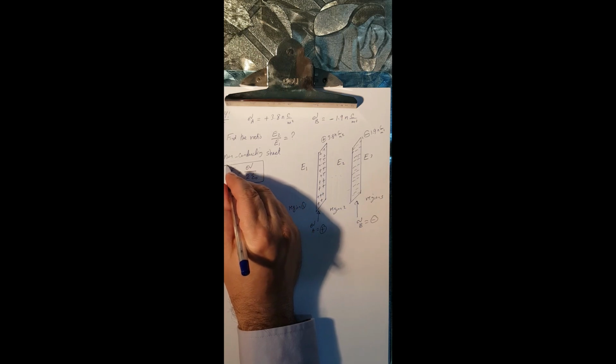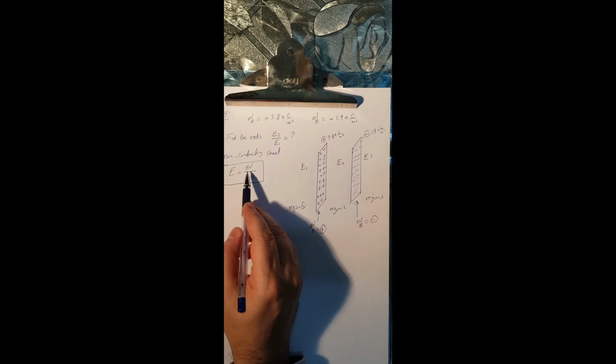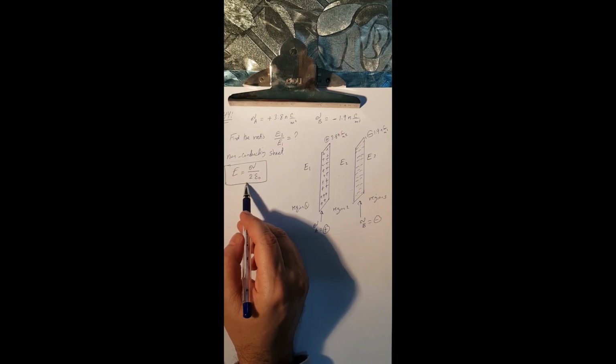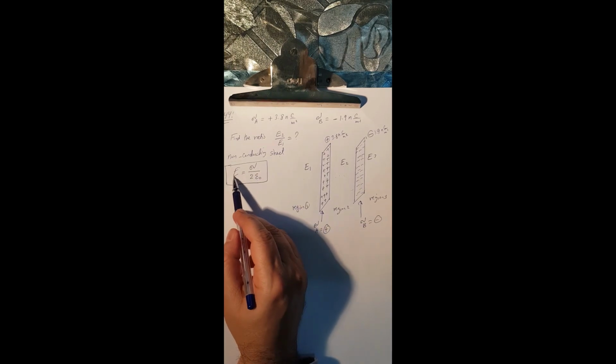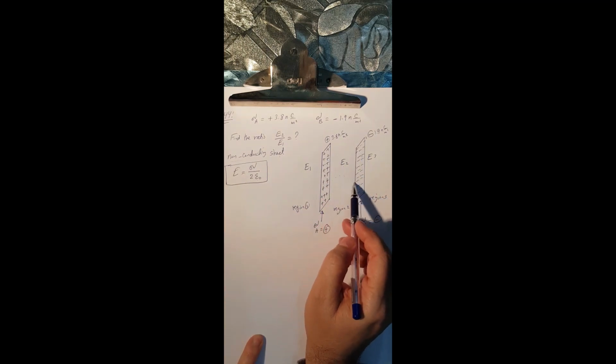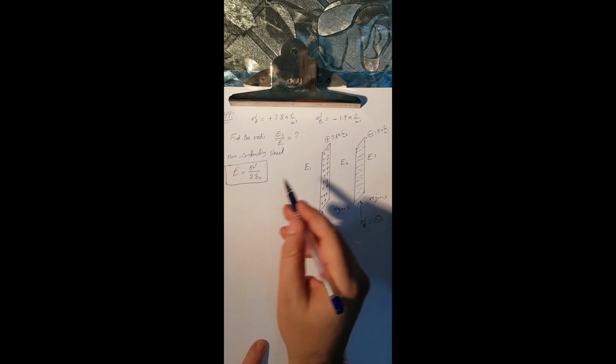The electric field is sigma over 2 epsilon naught. We need this equation later on when we study capacitors. This is similar to a capacitor, positive charge, negative charge, with a distance between them, so I can tell what the electric field between them is. But now the question is not about that.